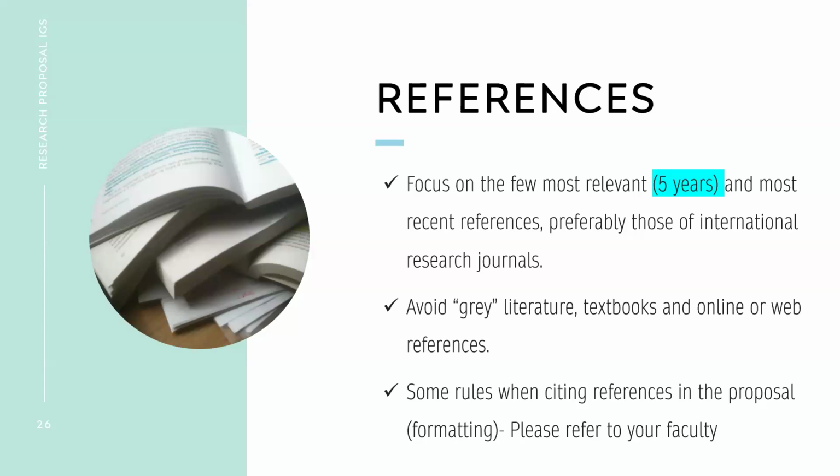Some rules when citing references in the proposal: you have to refer to the format. Format ni refer to your faculty, because different faculty will have different format. Normally because I'm from electrical engineering, we are referring to the IEEE format. But for other faculty, I'm not so sure. You have to ask your graduate office.